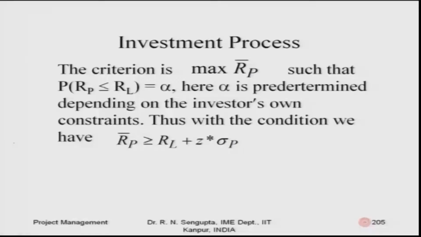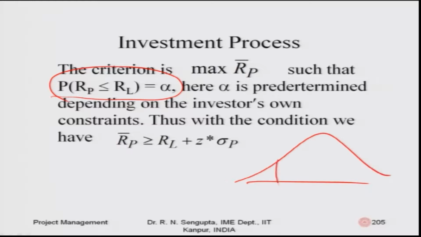The criteria for the last one is to maximize R bar p such that again the condition remains the same. So, this R p being less than or equal to R L, as I have considered in the graph here. If in the last-to-last graph this was alpha, this is exactly the same.